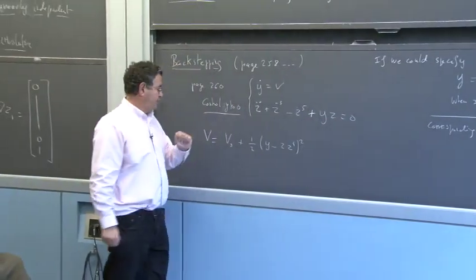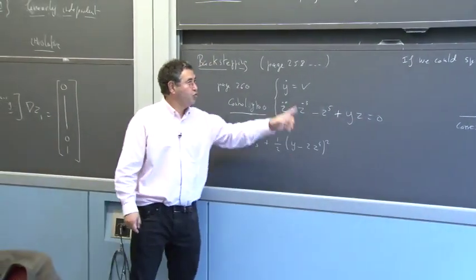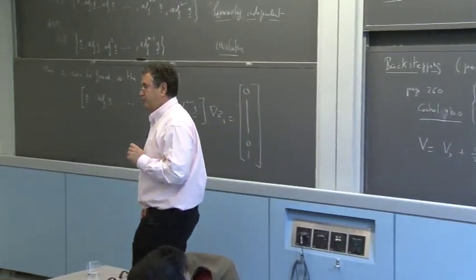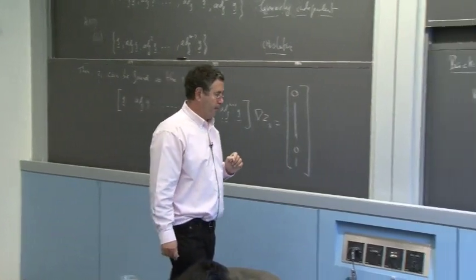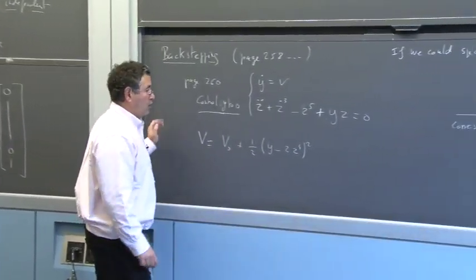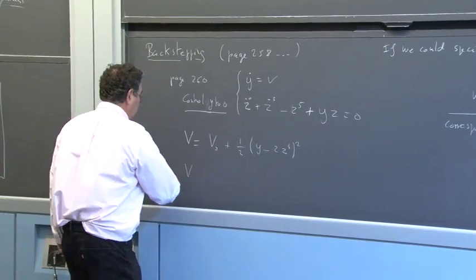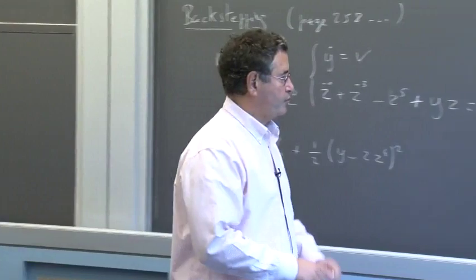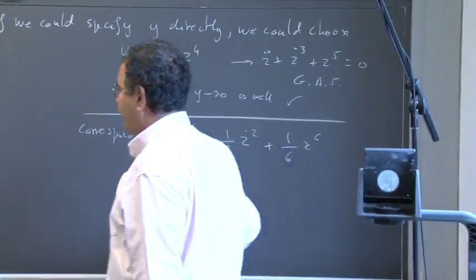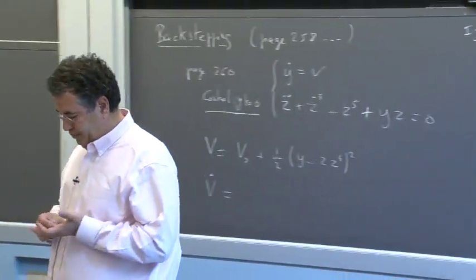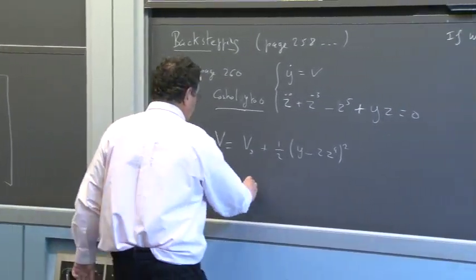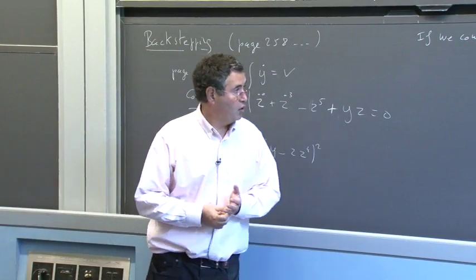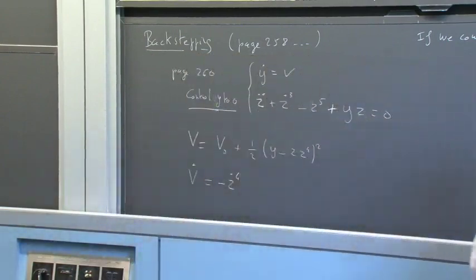And we add how far y is from 2z to the fourth. So if we compute V dot, what are we going to get? Well, we won't do all the algebra in detail, but what do we expect to get? The first term we'll get is minus z dot to the 4, which would be the damping term.